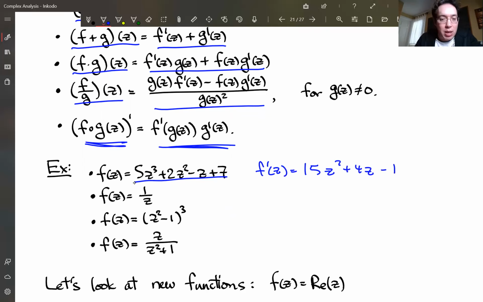And we could take the derivative of 1 over z as well, because that's a constant divided by a polynomial, right? Like z. We know how to take the derivative of z, and we know how to use the quotient rule. So it's exactly the same.